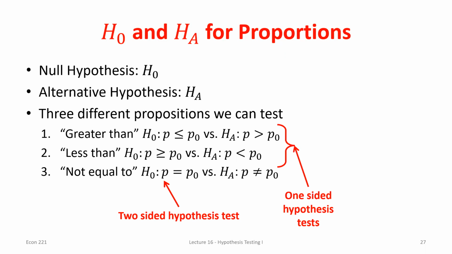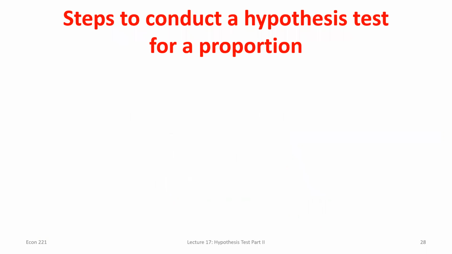We're trying to rule out these different assumed true values. Everything's still the same. I look at my alternative hypothesis. The sign of the alternative hypothesis tells me what type of test it is. If there's a greater than sign, it's a greater than test. Less than sign, less than test. Not equal to sign, two-tailed test. Okay. So nothing's changed really, other than that we're just looking at a proportion now.